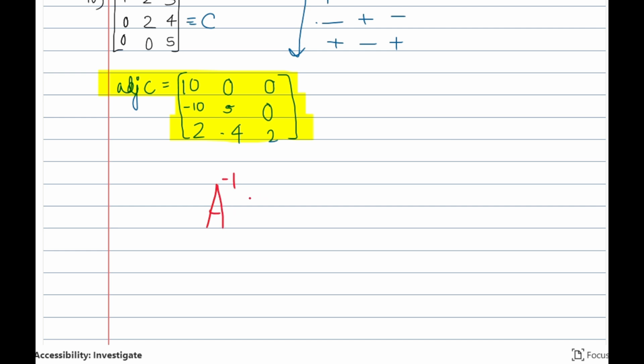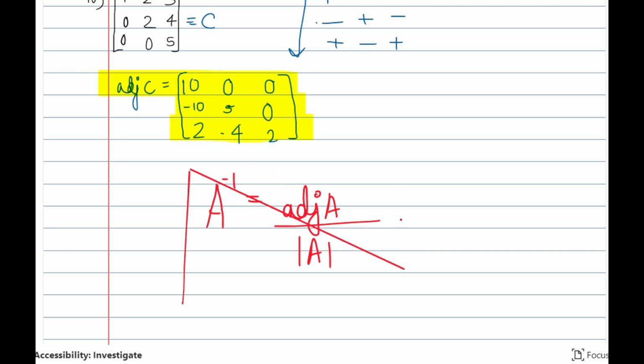So A inverse is equal to adjoint of A upon determinant of A. Okay, remember this. Write this down in your formula book or formula sheet or revision sheet, because quite a few questions are asked on this concept, and if not directly from this concept, they can ask you a question where this is a part of the concept, right?